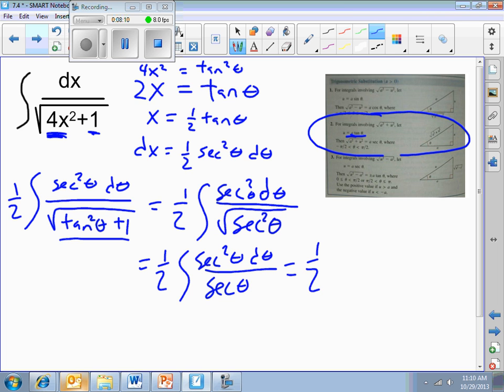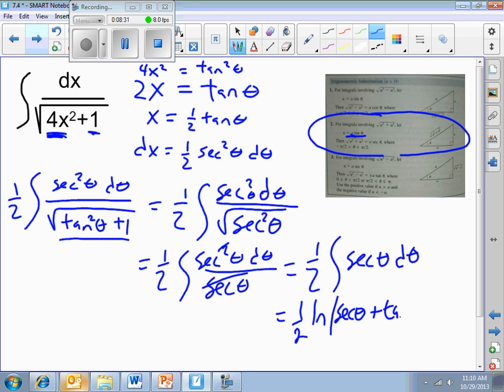Well, one of these secant thetas cancel out, leaves me 1/2 secant theta d theta. That is one of our memorized formulas. The integration of secant theta is natural log of the absolute value of secant theta plus tangent theta plus c.